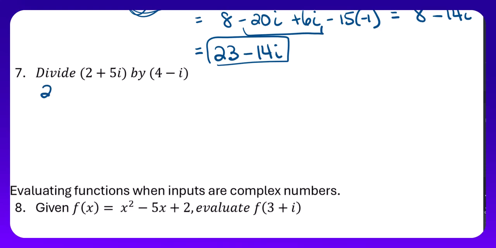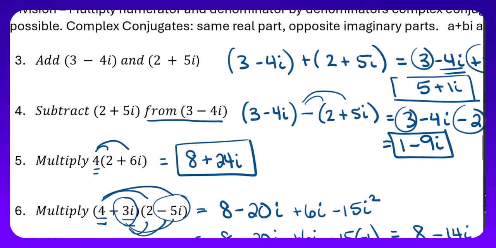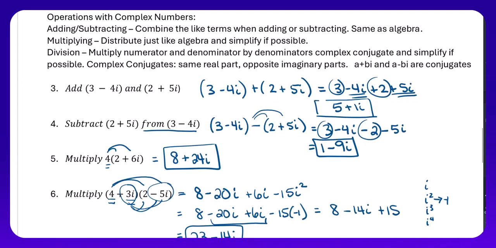All right, dividing is where things get a little bit tricky. If I have 2 plus 5i and I'm dividing it by 4 minus i, the trick for dividing, and let's go up to the box at the top where I mentioned it, is that we are going to multiply numerator and denominator by the denominator's complex conjugate. Well, what's a complex conjugate?